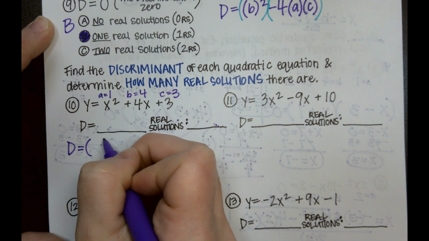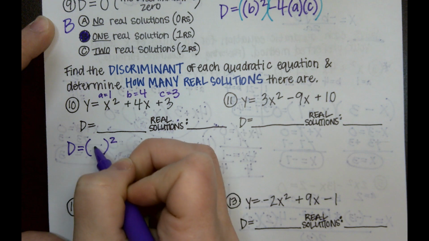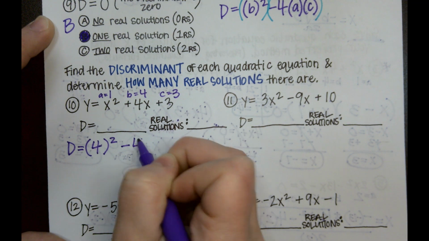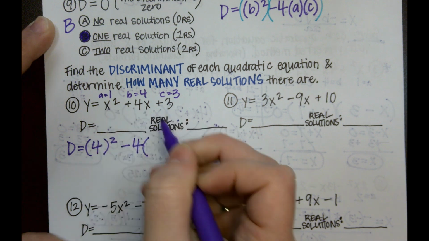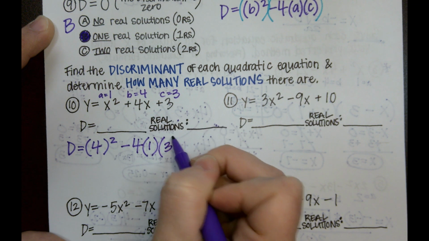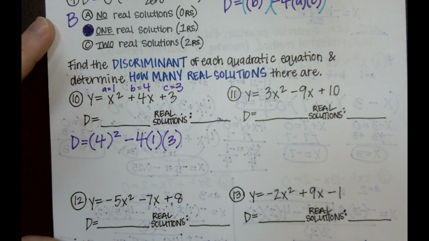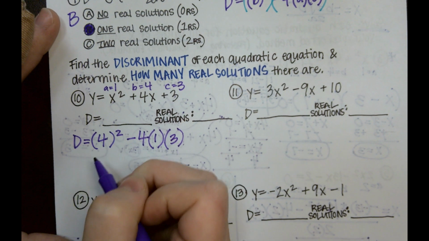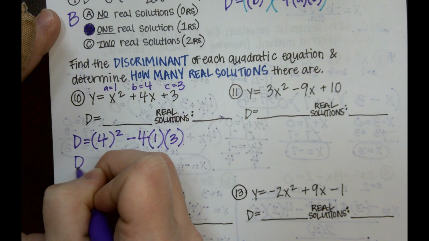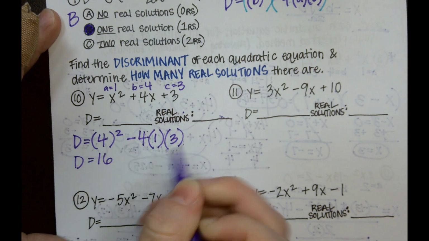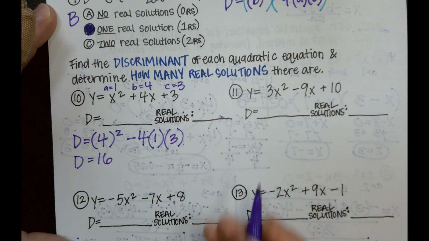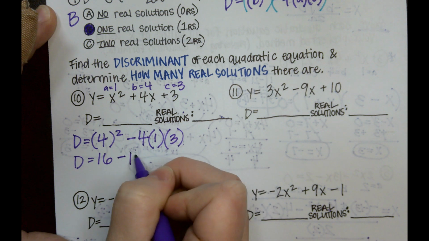So let's plug our numbers in and find the answer. So b squared, what number do I put? 4. Good. Minus 4 times what? 1 times 3. Good. And then we just simplify down. What's 4 times 4, or 4 squared? 16. Good. So we have 16. And then negative 4 times 1 times 3. That's negative 12.